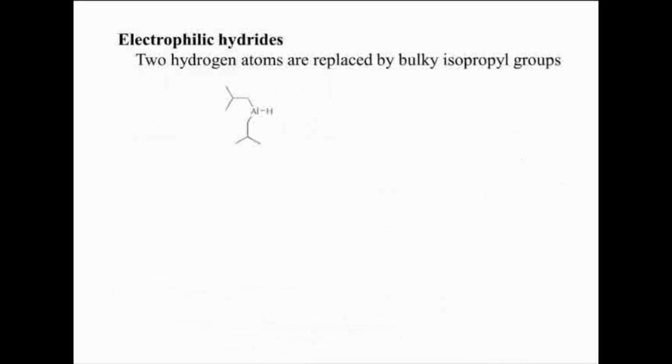So after replacement of hydrogens by the 2 isopropyl groups, we are having only 1 hydride. That itself makes these reagents a bit weaker.